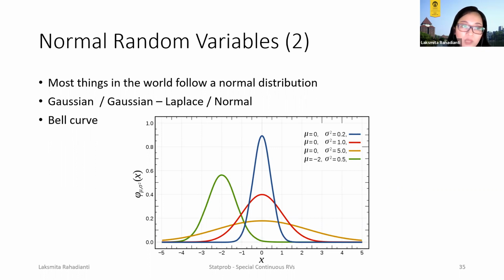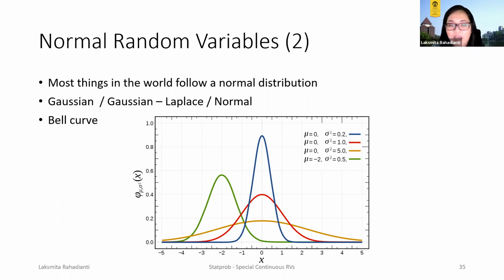Gaussian Laplace is a little less common, but Gaussian, normal, and bell curve are used interchangeably. So as you know here, you can describe your normal random variable using their mean and their standard deviation.